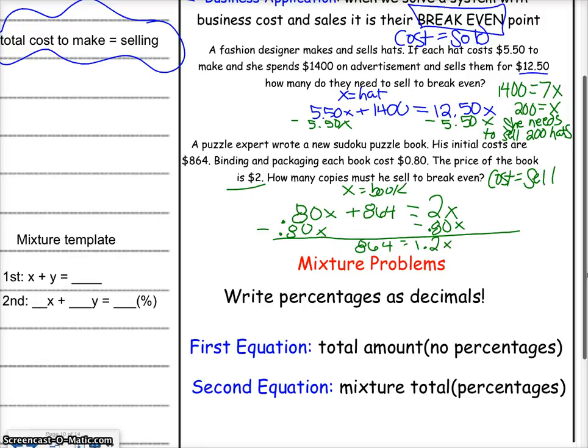Divide 864 divided by 1.2 is 720. That is a lot. He needs to sell 720 books in order to break even. Okay, so that happens all the time. With all retail, it happens all the time.